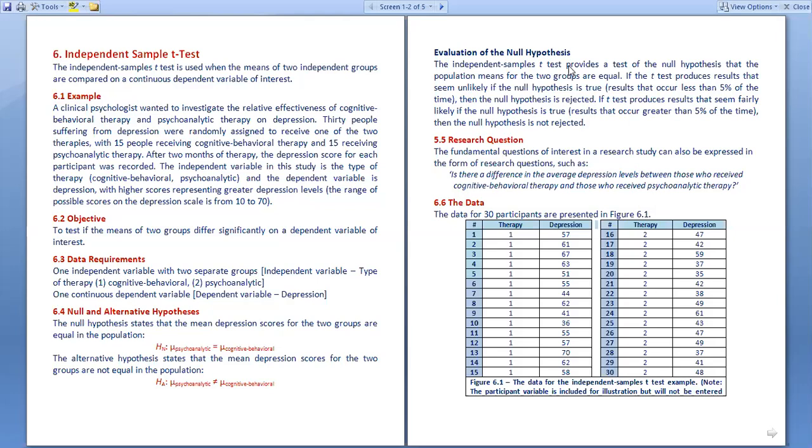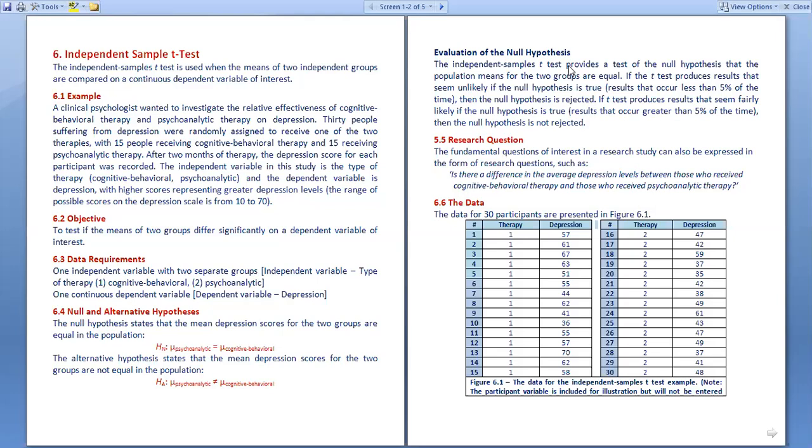The example is about the depression people are having, and they are being treated through two techniques. Two types of therapies are being used. We have number one, cognitive behavioral, and number two, psychoanalytic. So we are using these two therapies.